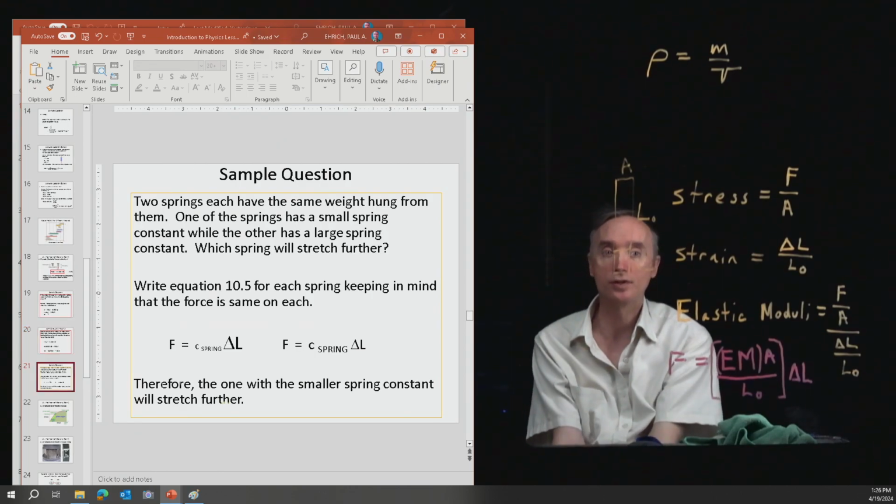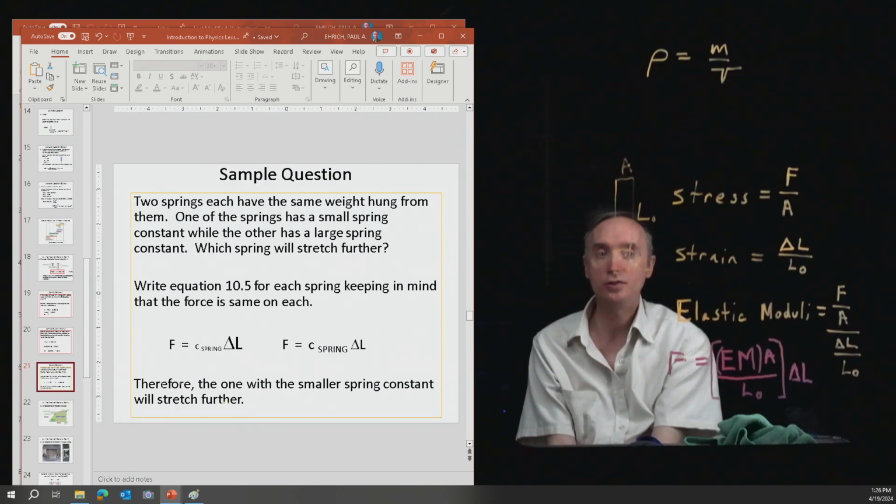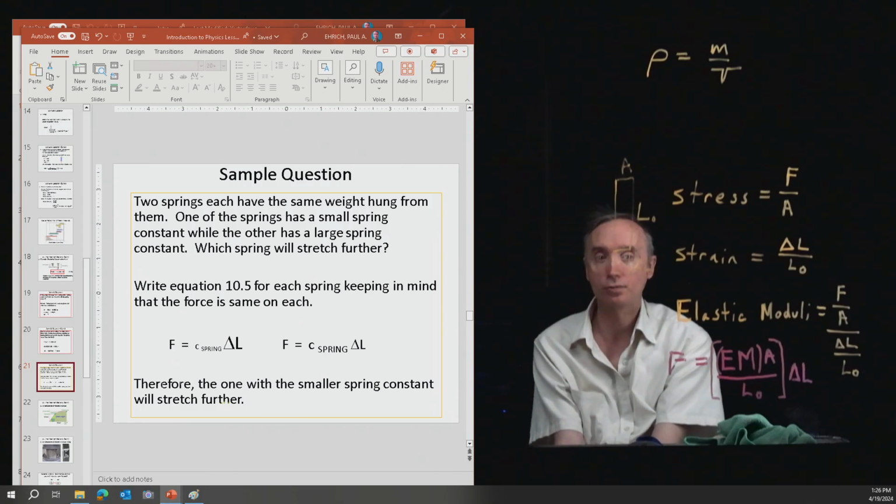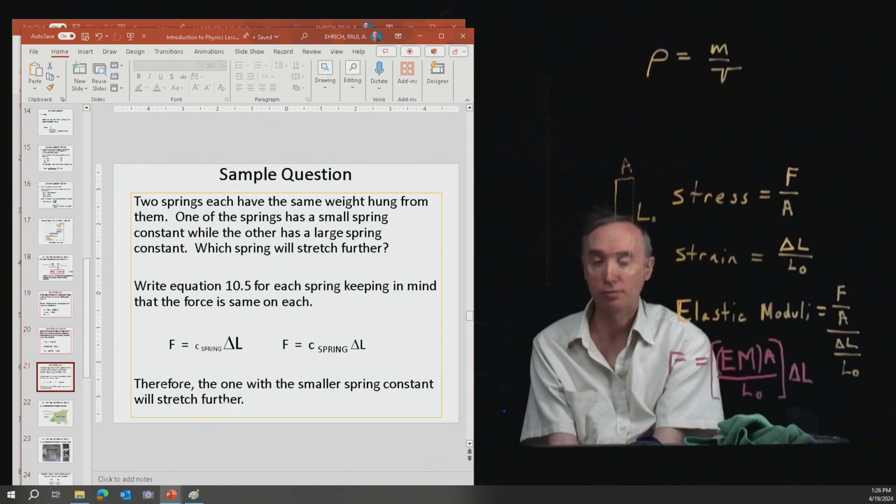Here's another sample question. Two springs each have the same weight hung from them. One of the springs has a small spring constant, while the other one has a large spring constant. Which spring is going to stretch further? So we're going to write equation 10.5, the formula for the spring force. We're going to write it twice: once for the one that has the small spring constant and then the one that has the large spring constant.